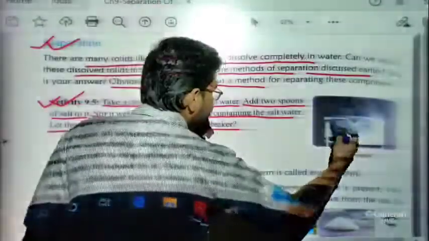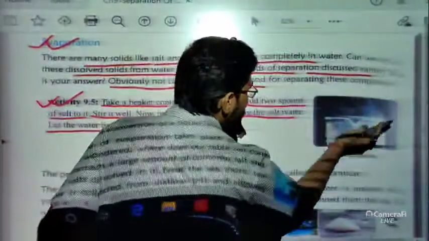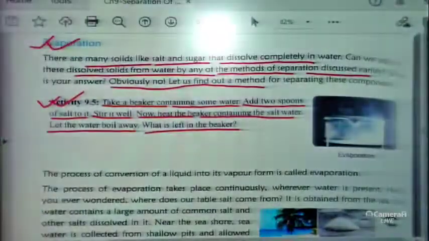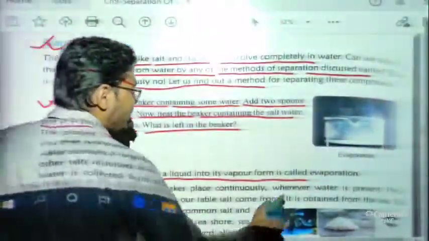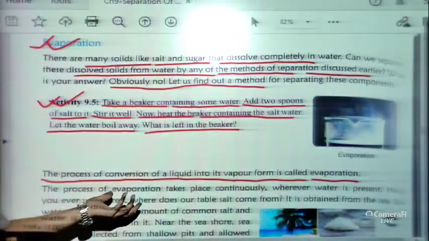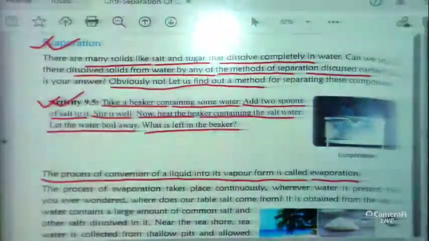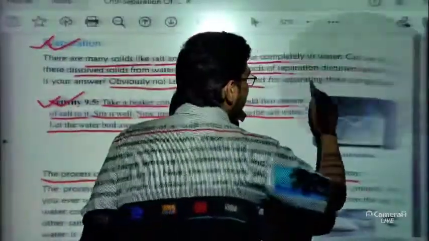If you heat the water continuously, what will happen? The water will get converted into vapor and all the vapor will go upwards. Okay. So this process of conversion of a liquid into its vapor form is called evaporation. Okay. So evaporation is nothing but changing water to its vapor. So this process is called evaporation.